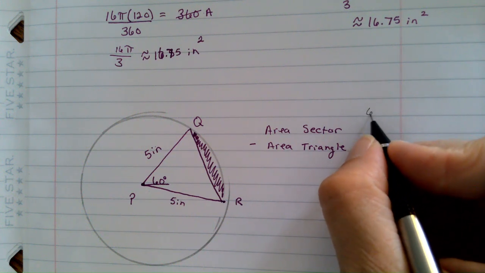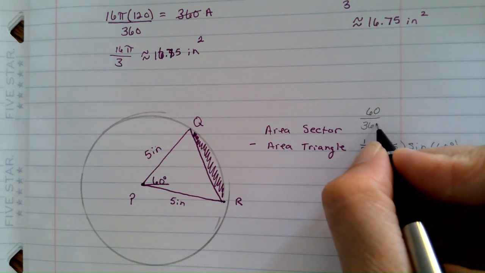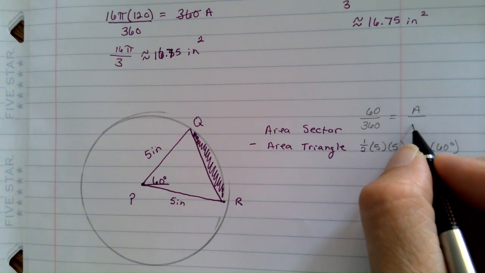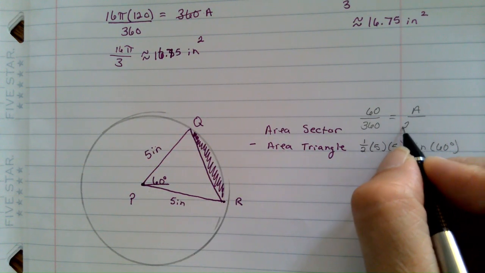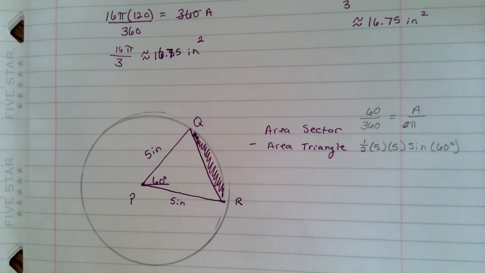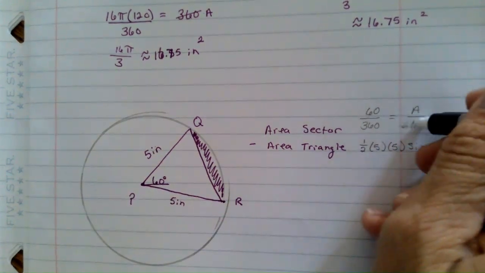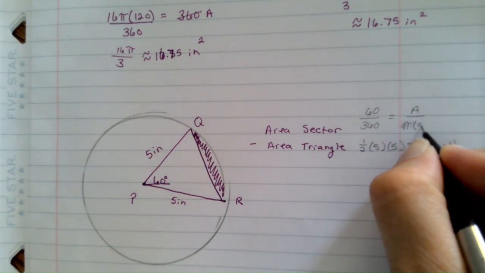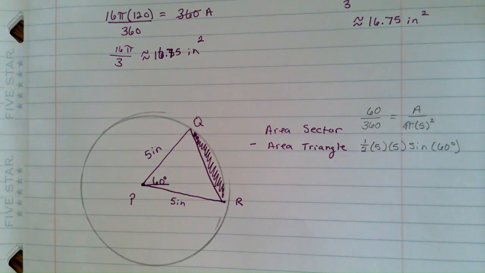So 60 is to 360 as the area is to 2 pi, or not 2 pi. Why do I keep wanting to do circumference today? How about pi r squared? Pi times radius squared. Okay.